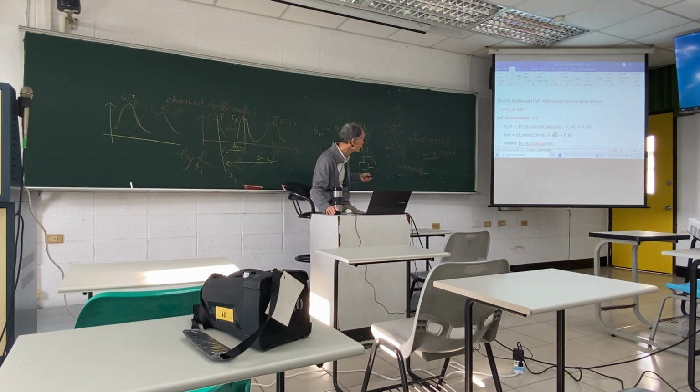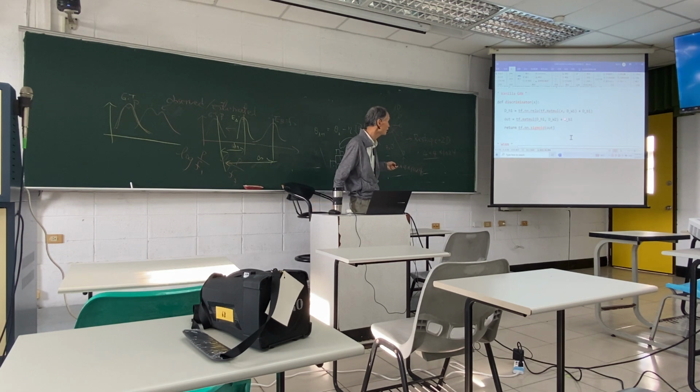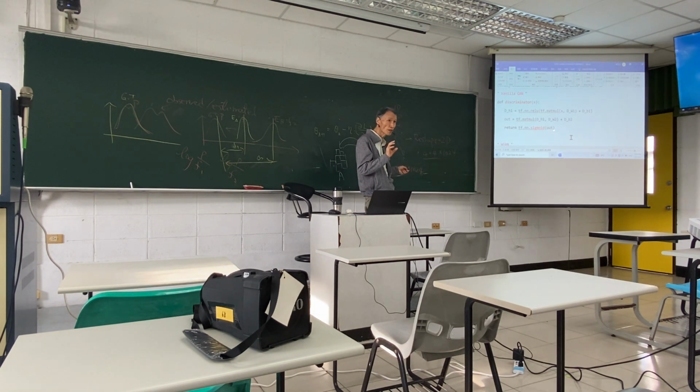Now for the discriminator, the output is sigmoid, right? As I mentioned, the output activation function is sigmoid, so that the output value will be between 0 and 1. That's the first thing.